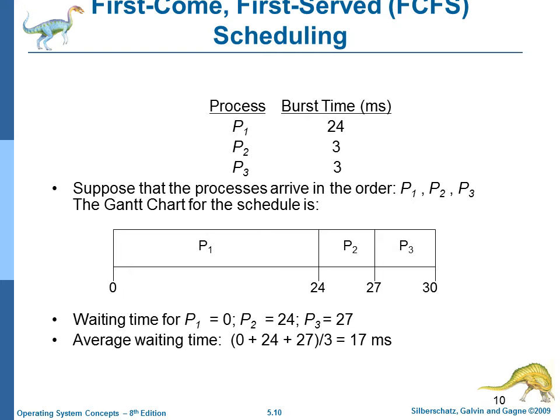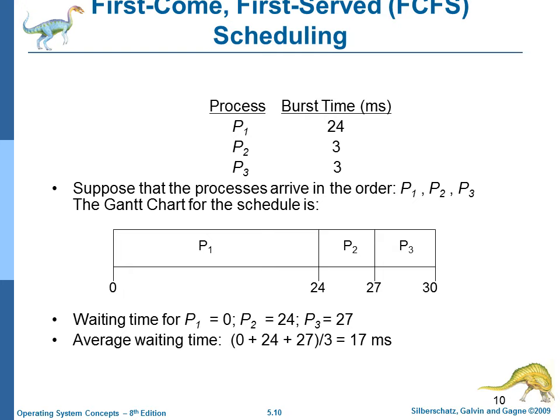For example, consider the following three processes in the ready queue at time equals 0. Process 1 needs 24 milliseconds of CPU time, process 2 needs 3 milliseconds, and process 3 needs 3 milliseconds. In the first Gantt chart in front of you, process 1 arrives first.